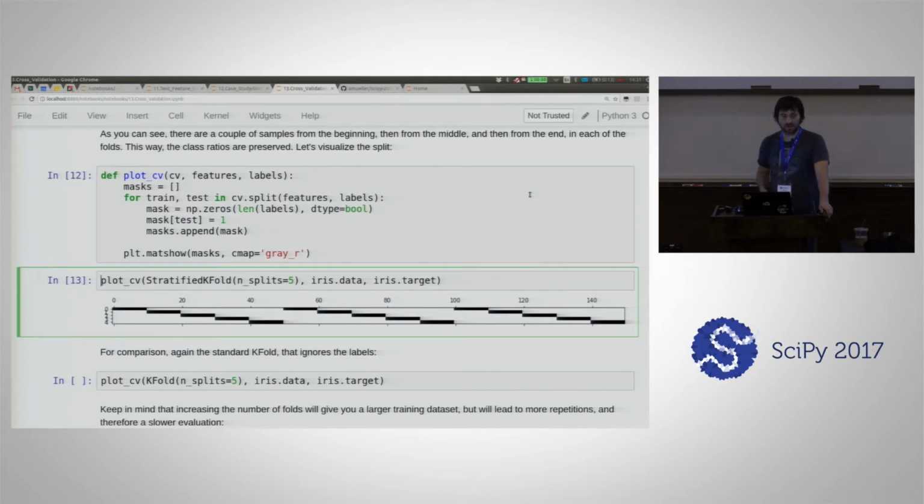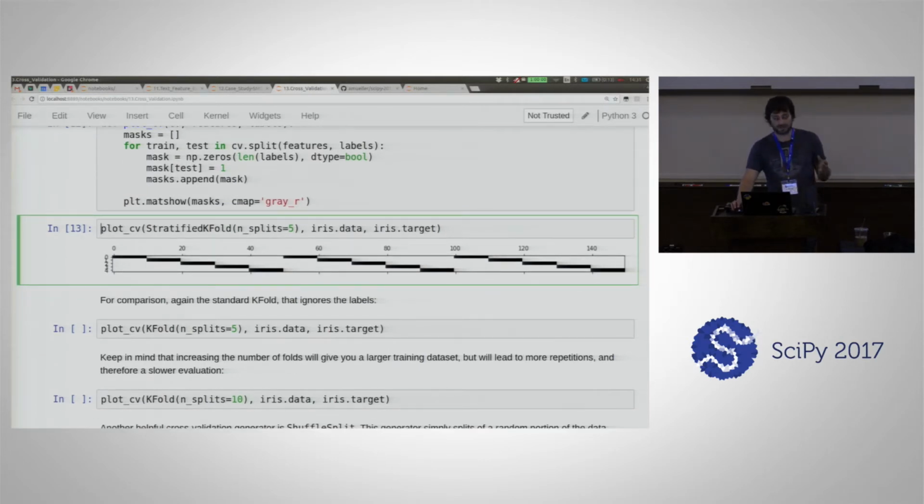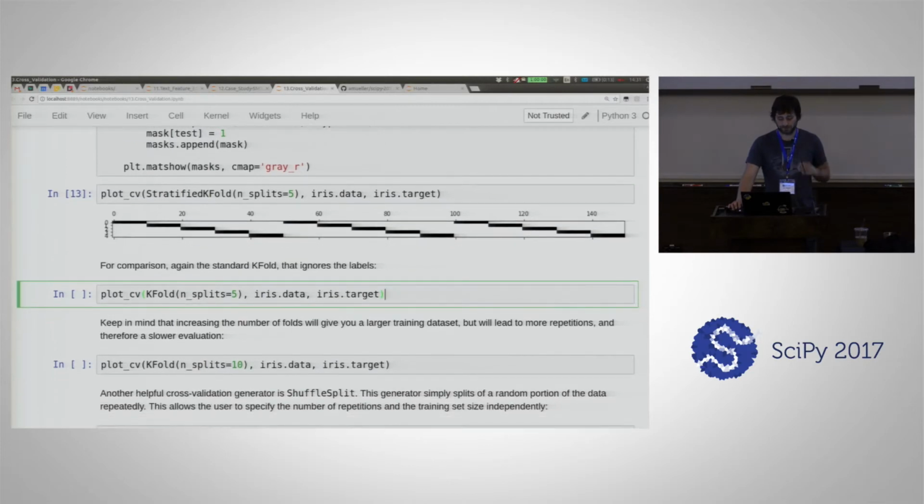If you want a model, you could train on the whole data. If you say, oh, this result is good enough, I want to apply this in my service or my research, I train on the whole data set again, and then I have a model. But this allows you to judge whether this is a good model or not, and it allows you to do that more robustly than just doing a single split.